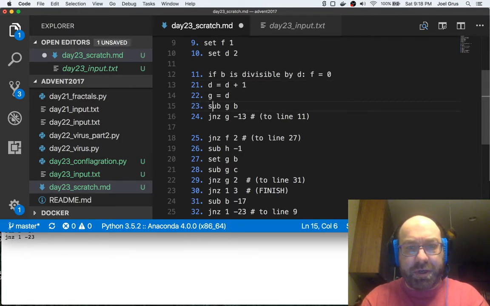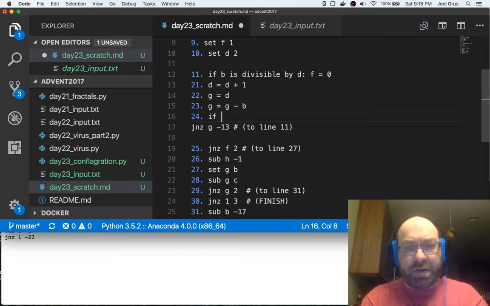G equals D, G equals G minus B, and if G not equal to 0, go to 11.